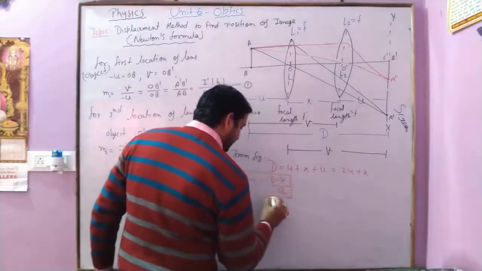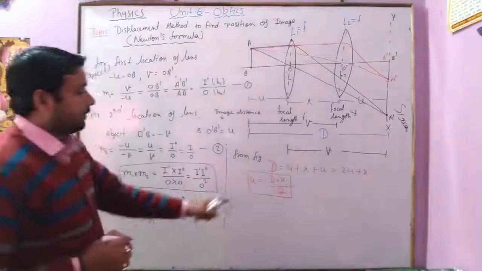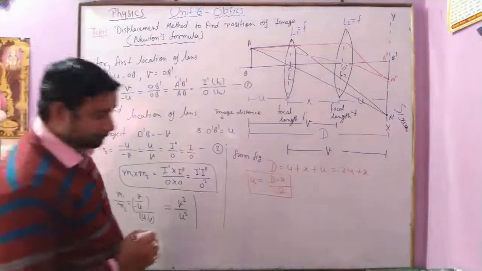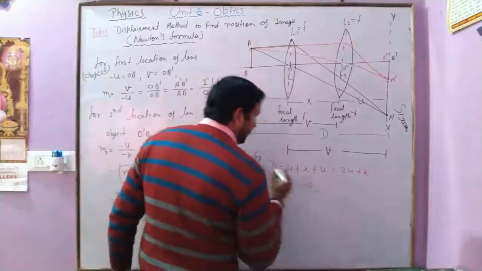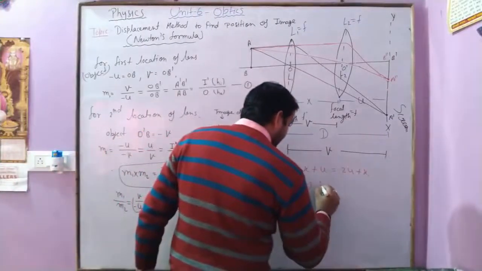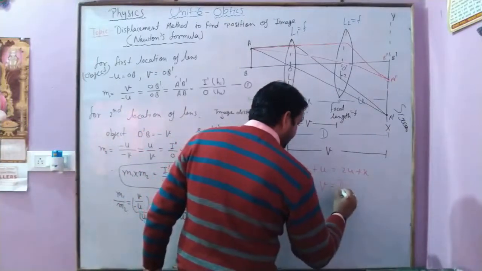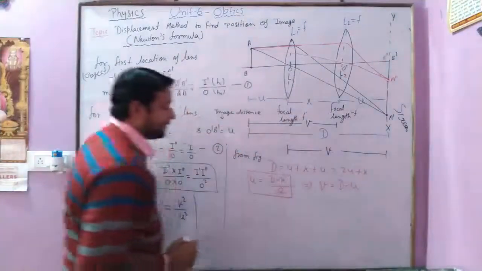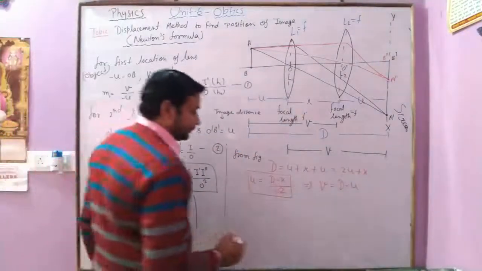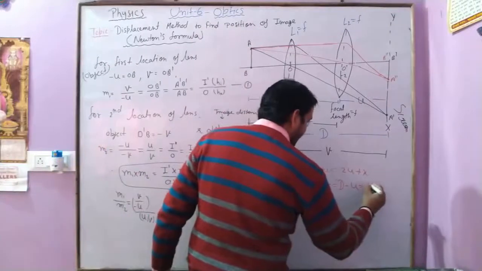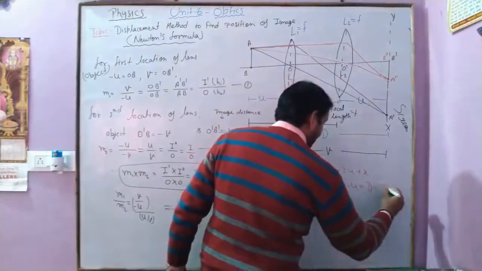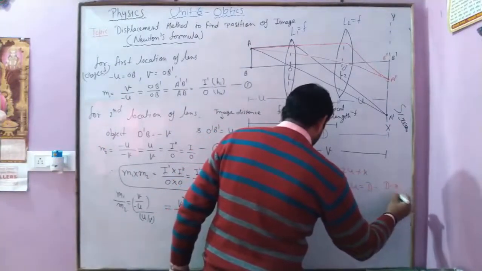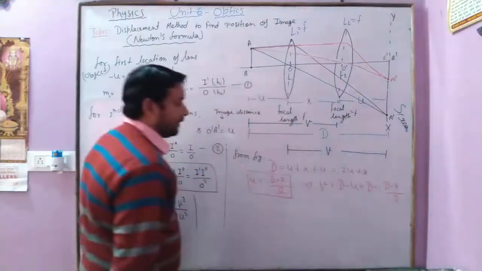This is the value of u, and v is equal to d minus u, so we get d minus (d minus x upon 2).